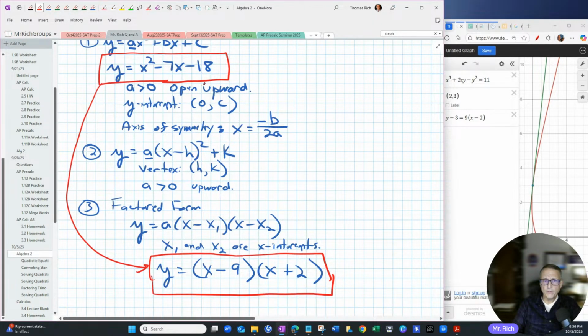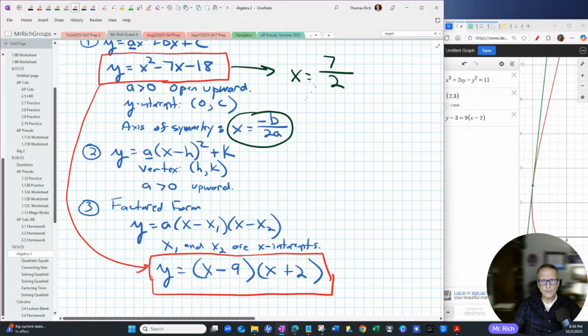I'm not going to show that to you here, but I'm going to show you how I will find the x and y coordinates of the vertex so that I could put them in for h and k. I'm going to use that formula right here for the x coordinate of the vertex. So the x coordinate will be negative of negative 7, which is a positive 7, divided by 2, so 7/2, or 3.5.